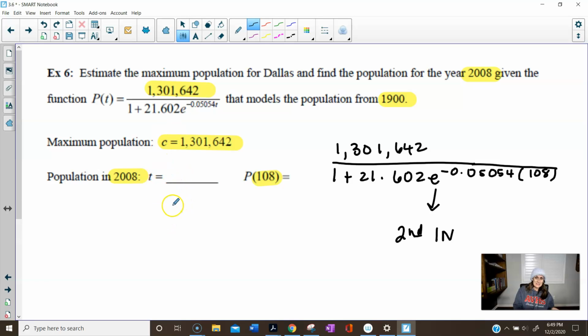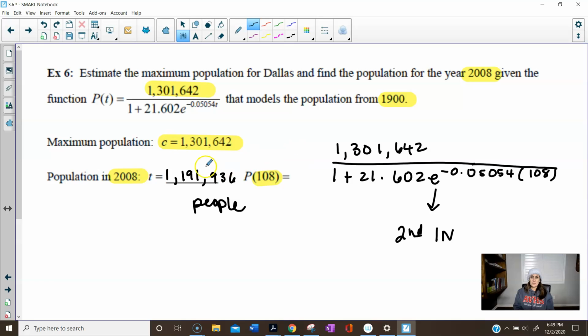is, in 2008, we have 191,936 people. And notice it's smaller than the ceiling, because the ceiling amount, you can't have more population than this top number.